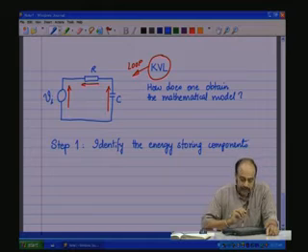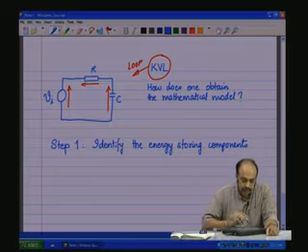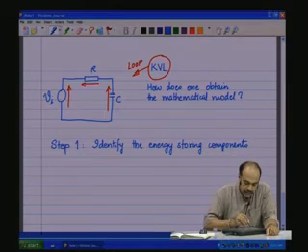After having identified the energy storing components, in this case for this circuit there is only one energy storing component, which is the capacitor here.